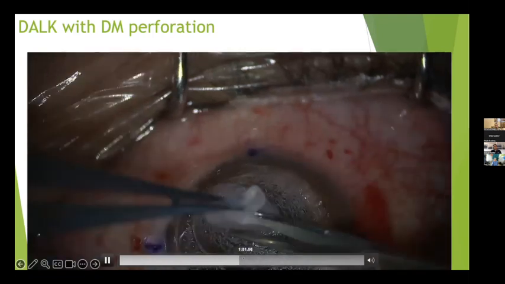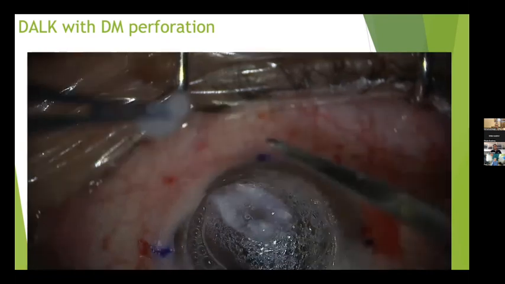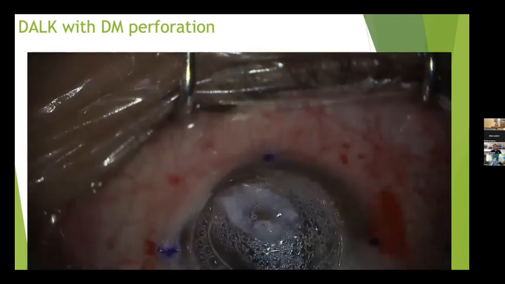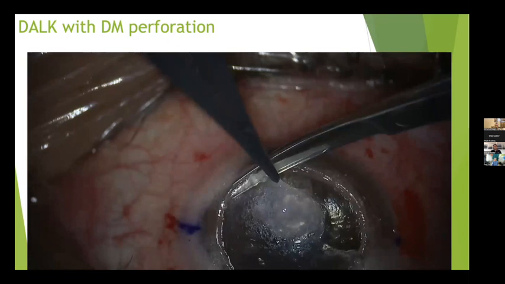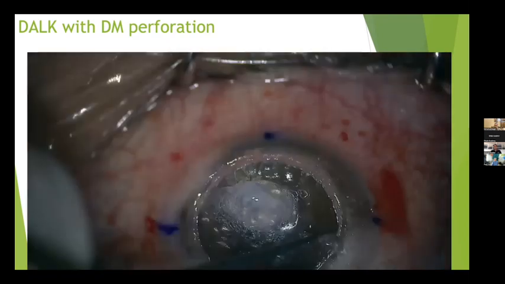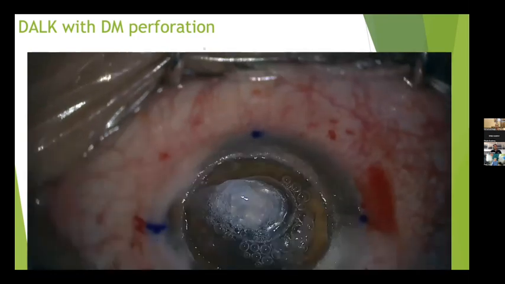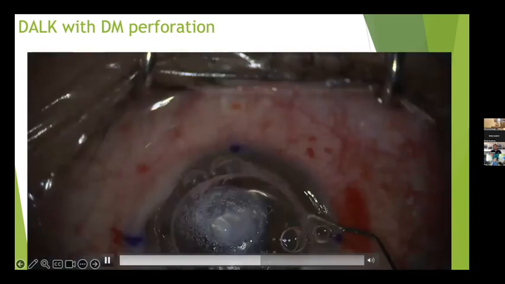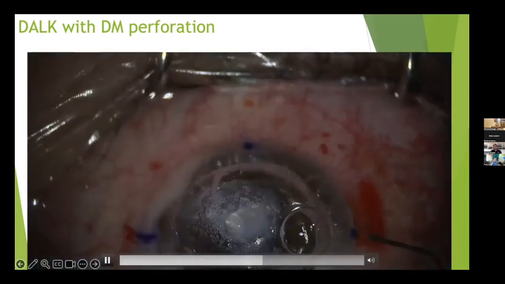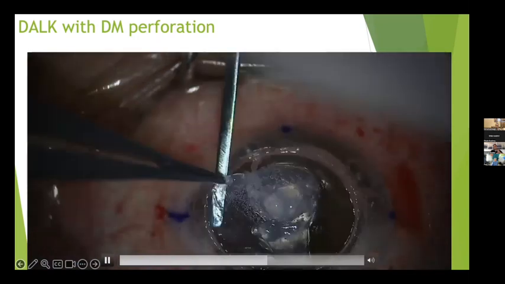This case was also complicated by a perforation. As we mentioned earlier, when you do manual dissection, you have higher chances of perforating, but no panic. If the perforation is a small size micro perforation, you can still carry on your dissection. So now you can see aqueous coming out and there is a perforation. As a test, I put an air bubble in the anterior chamber to see if the bubble stays in the anterior chamber.